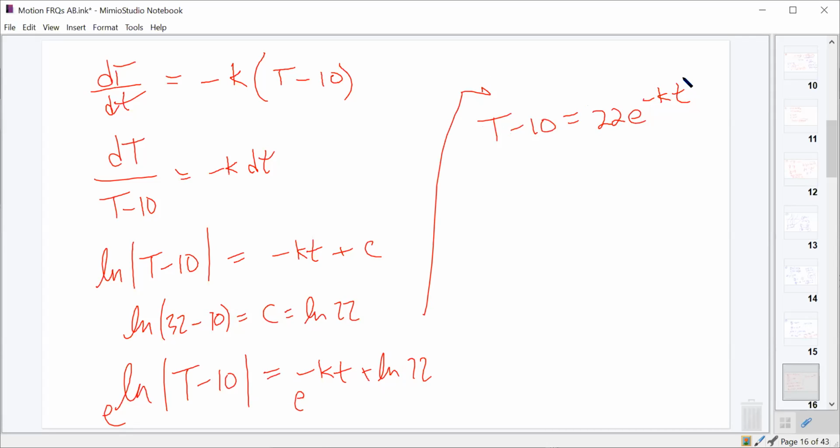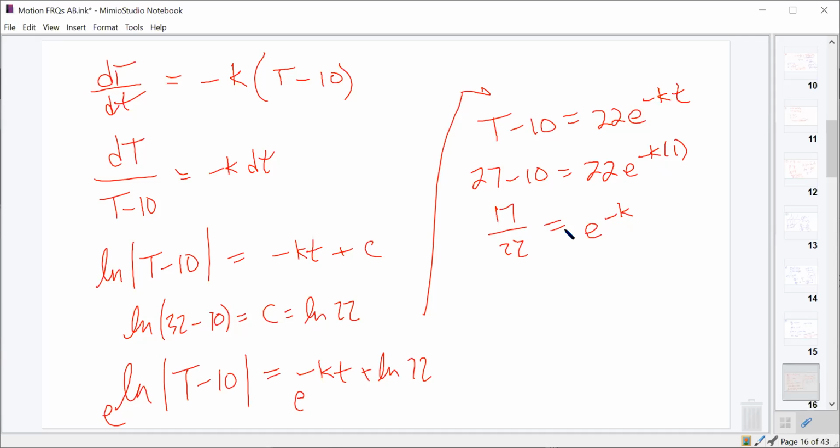And then it tells us, what did it tell us? That the corpse took 1 hour to get to 27 degrees, I think. So we'll say that 27 minus 10 equals 22 e to the negative k times 1 hour, or 17/22 equals e to the negative k.